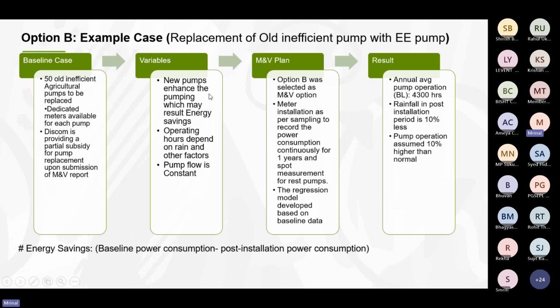So the new pump will increase the energy saving options. Now here in this case, the operating hours depend on the rainfall and other factors. So if the rainfall is lower, the operating hours will increase. Then the pump flow is constant because there is no variation in the pump flow. Now in case option B was selected, meter installation was already done and sampling recording was done.